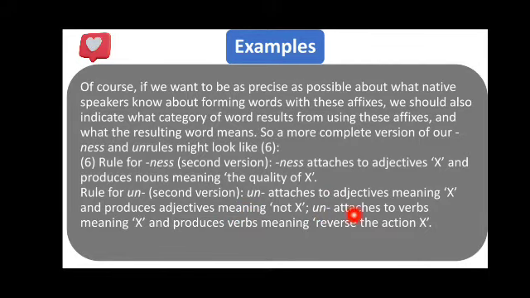Similarly, un attaches to verbs meaning x and produces verbs meaning reverse action. Again, we will have the same verb. Tie is a verb and untie is also a verb. Lock is a verb and unlock is also a verb. But only with un we have a reverse action.